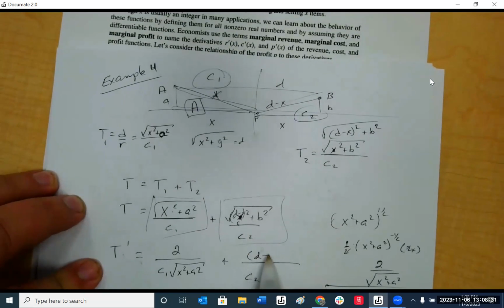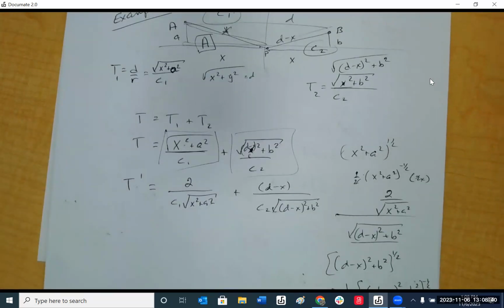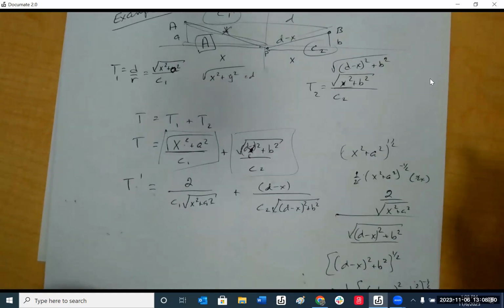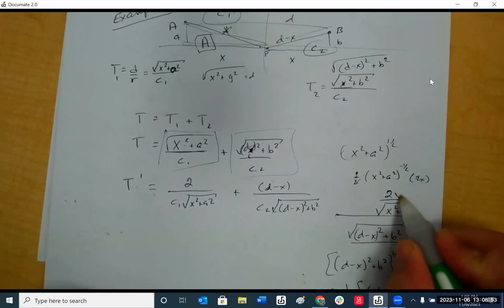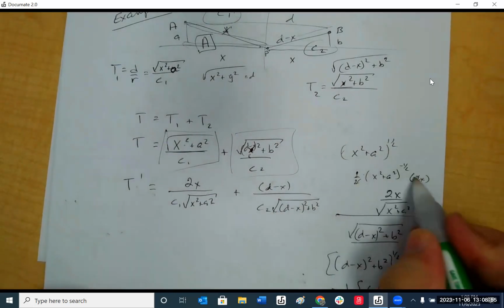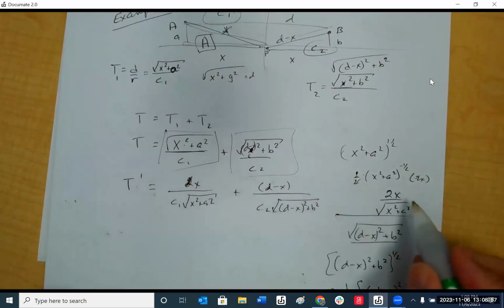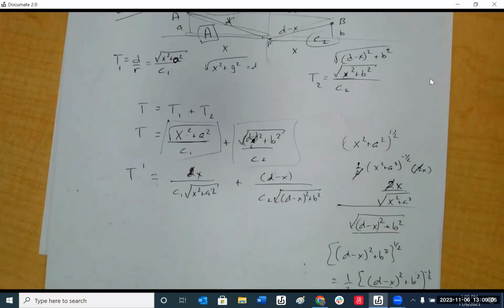So it's going to be distance minus x over the square root of distance minus x squared plus b squared. And in the first one the 2's cancel too, so it's simply x over there. So there's our derivative.